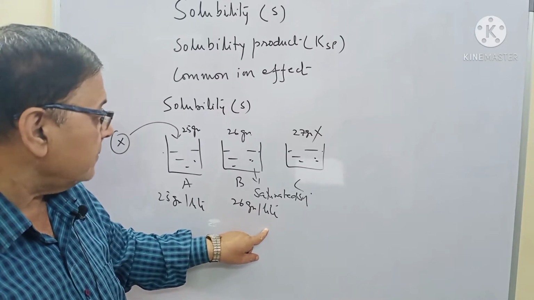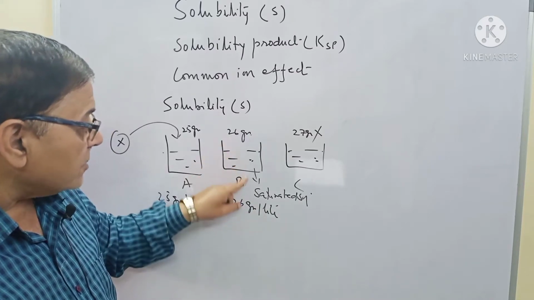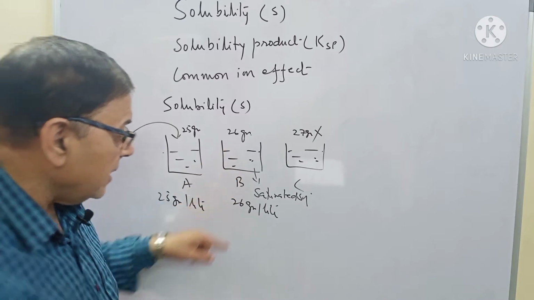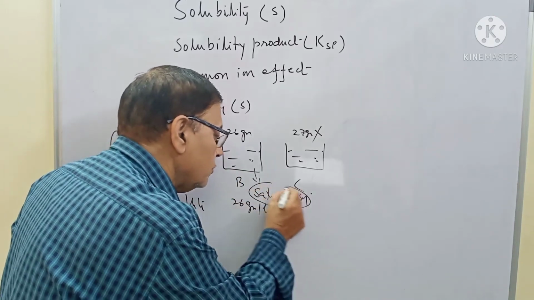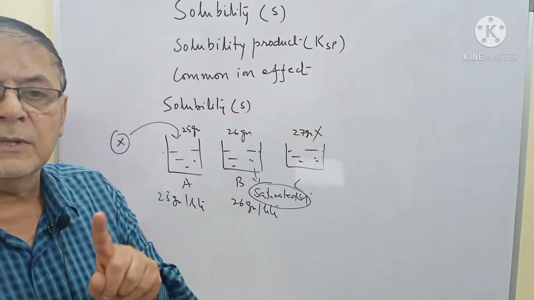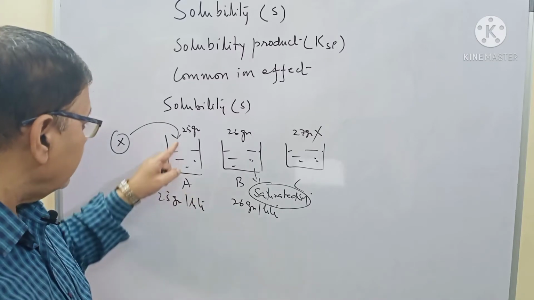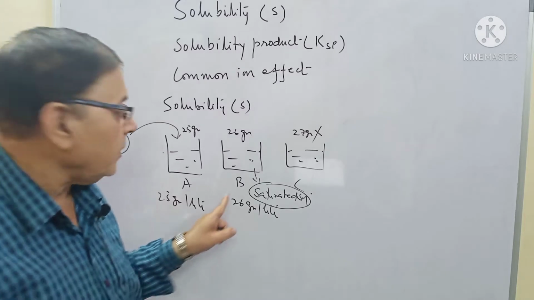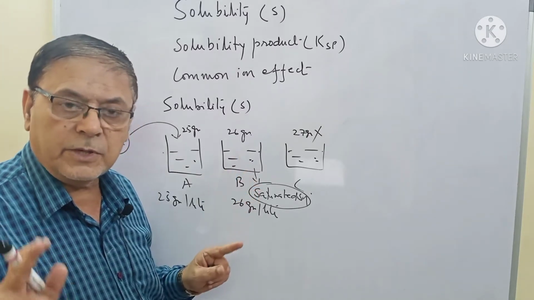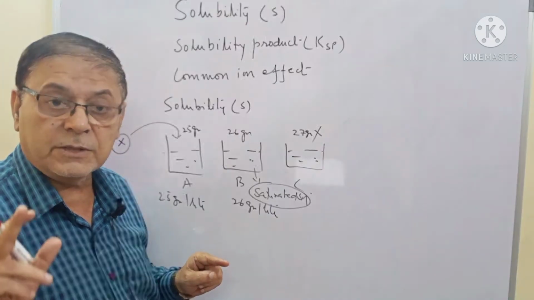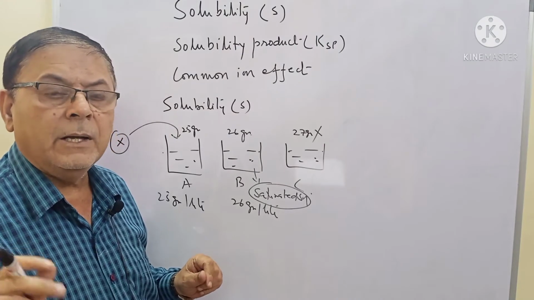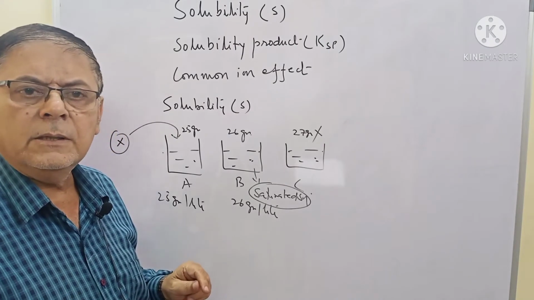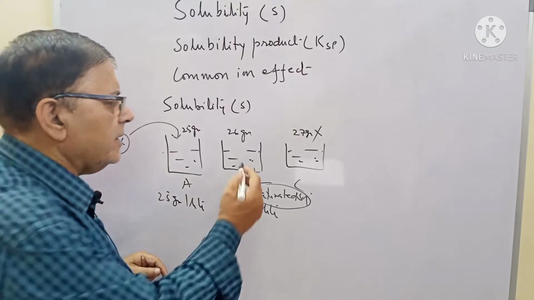So let us define it as the concentration of a substance in its saturated solution. If you don't mention the word saturated, then even 25 grams per liter will become the solubility. It is very important. Now, some will say, okay, I'll dissolve 27 grams also.